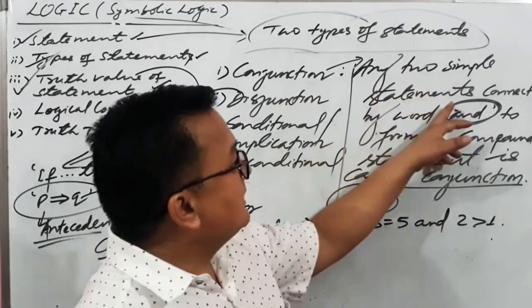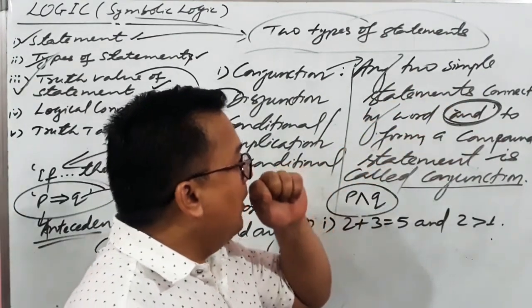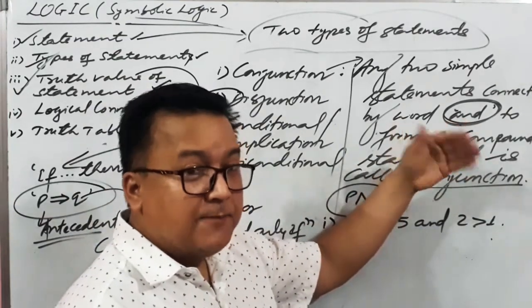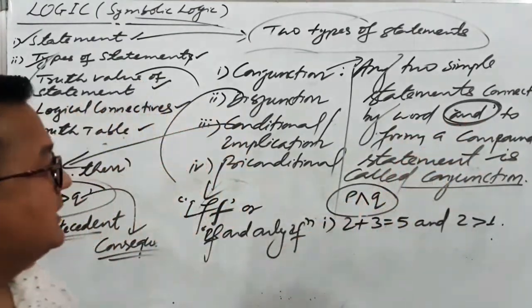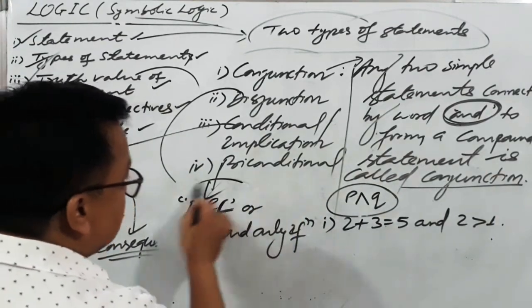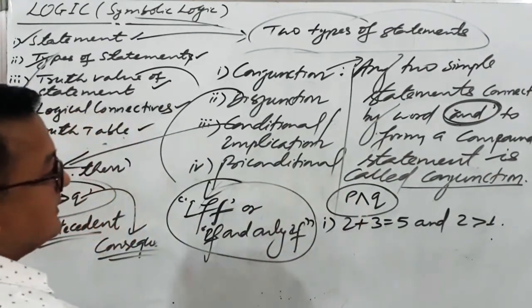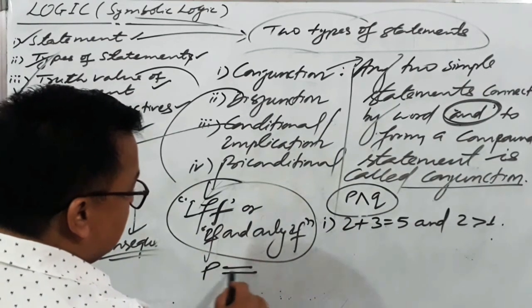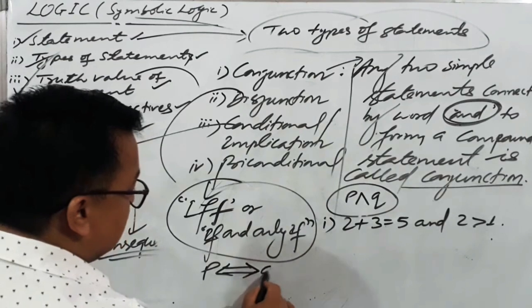Any two simple statements connected by the words "if and only if" to form a compound statement is called a biconditional, right? And the biconditional is symbolized this way.